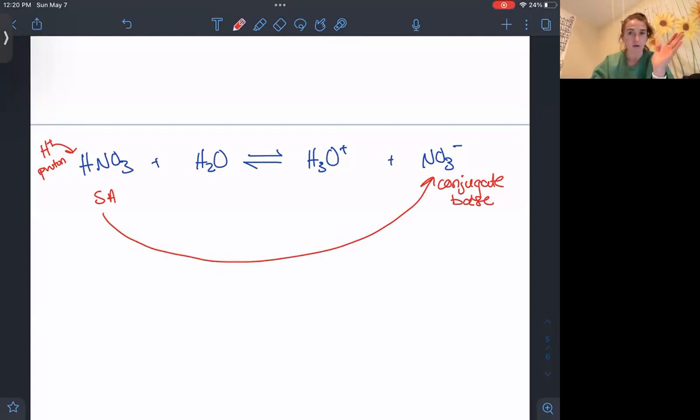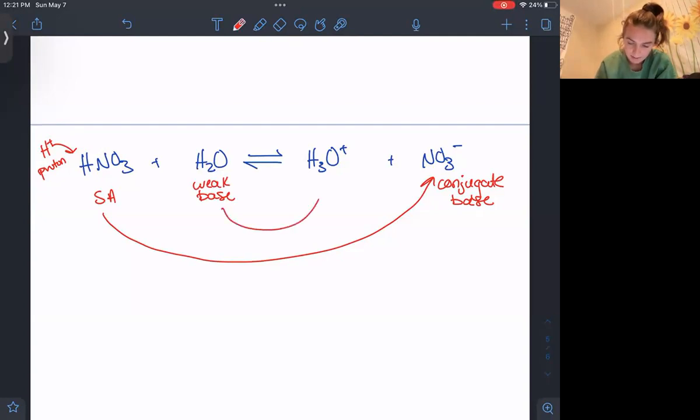So if your HNO3 is your acid, what does that make your H2O? What would you classify the H2O as? I like base, but is it one of the strong bases we just talked about? Nope. So is this a weak or a strong base? This is a weak base. Okay.